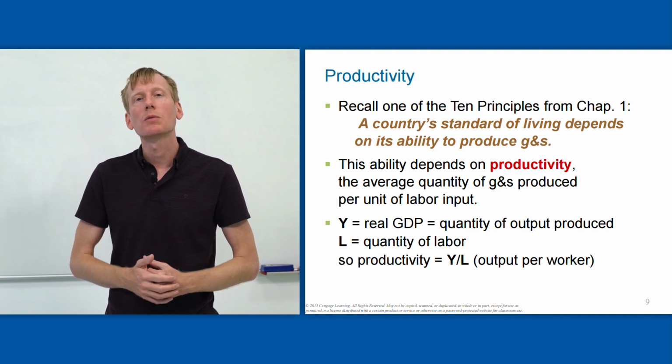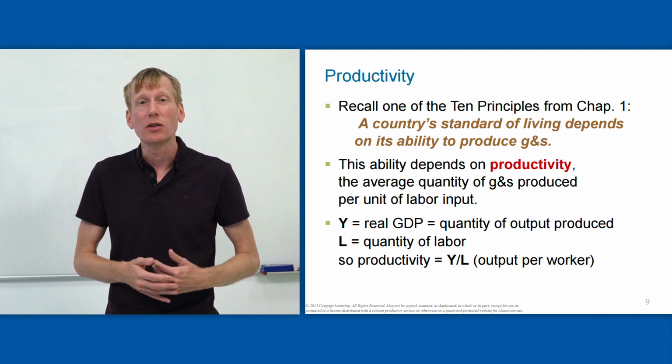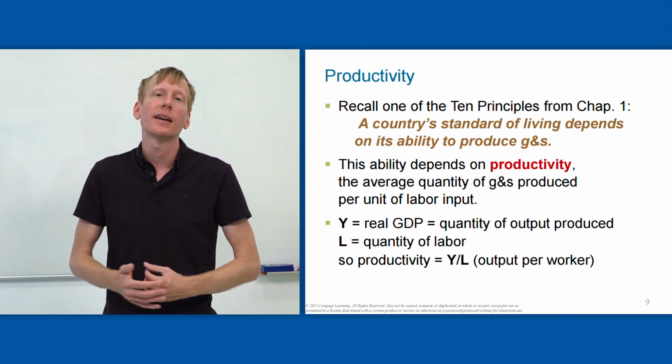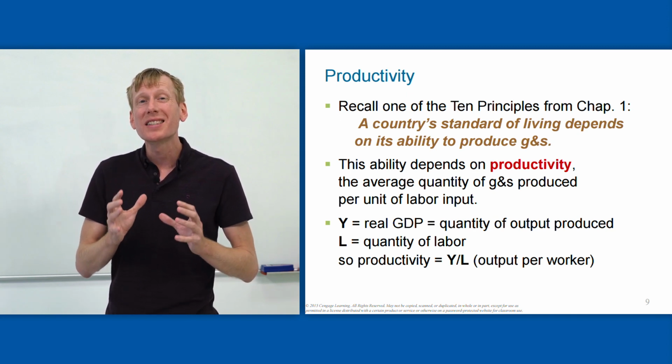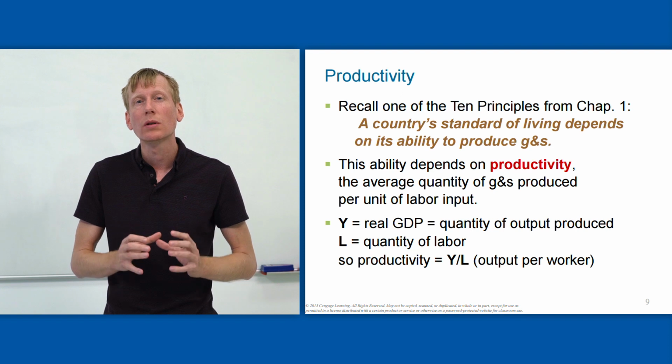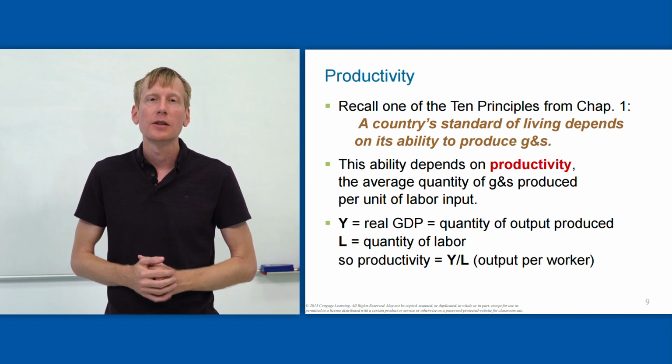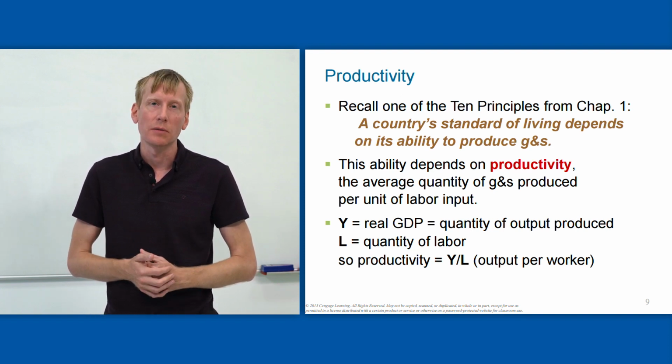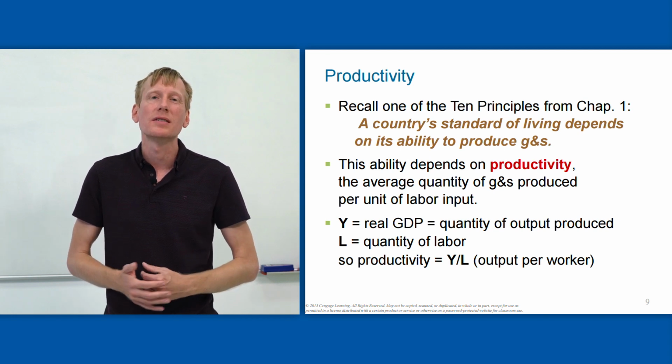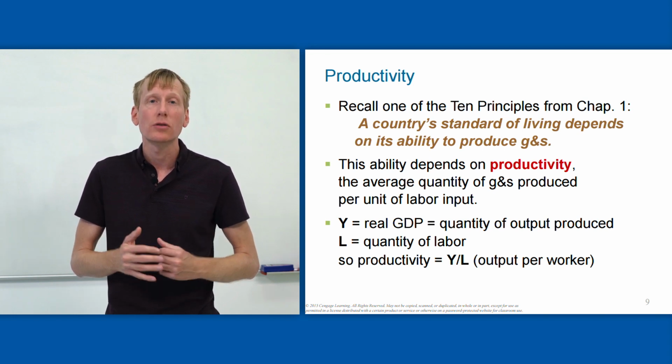So public policies that we might want to put in place to cause, say, Chad to grow like China has grown should be policies that are intended to make Chad's workers more productive so that Chad can produce more goods and services, therefore have more goods and services available to consume.